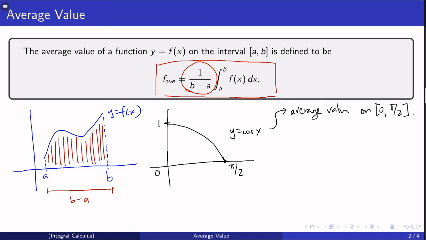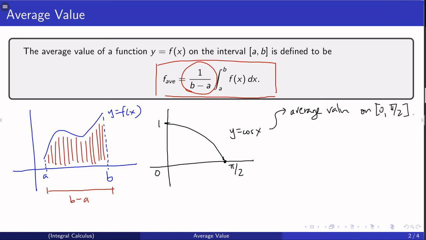And you can probably also guess that the average is going to be larger than 1/2, simply because this curve is what we call concave downwards, right? And it's slow to decrease at the beginning and then faster to decrease at the end. And what that means for us here is that for the most part, it's going to be more than half for the function value.